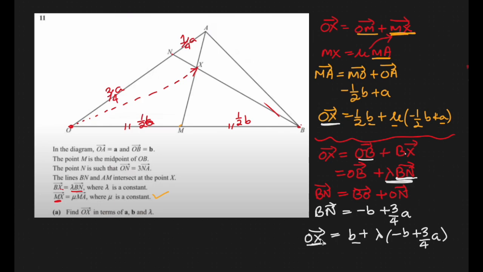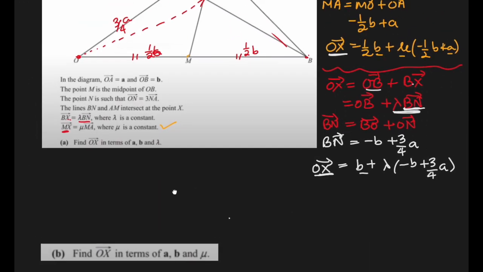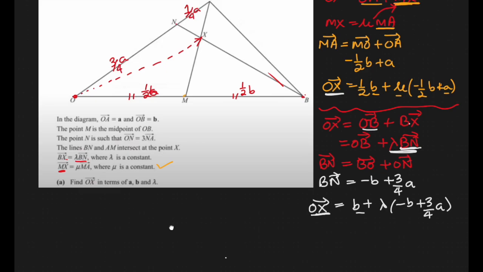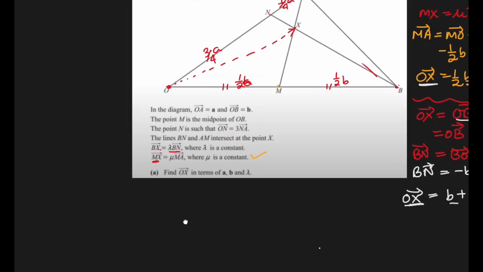Next part, they have given two parts, right? A part says this, B part says this, and definitely the C part will say to find the value of lambda and mu. So I will do it here.